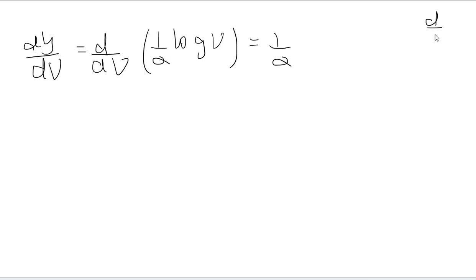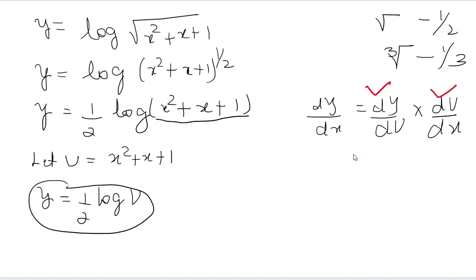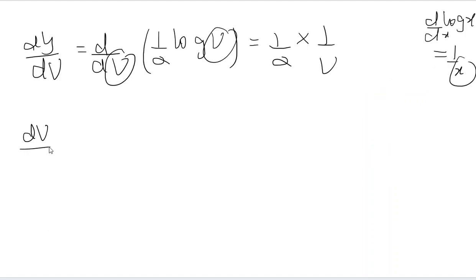Now the derivative with respect to x of log x is 1 by x. But here instead of log x there is u, so the answer will also contain u. So the answer will be 1 upon u. So over here what will come is half into 1 upon u. Now we have to find du by dx.